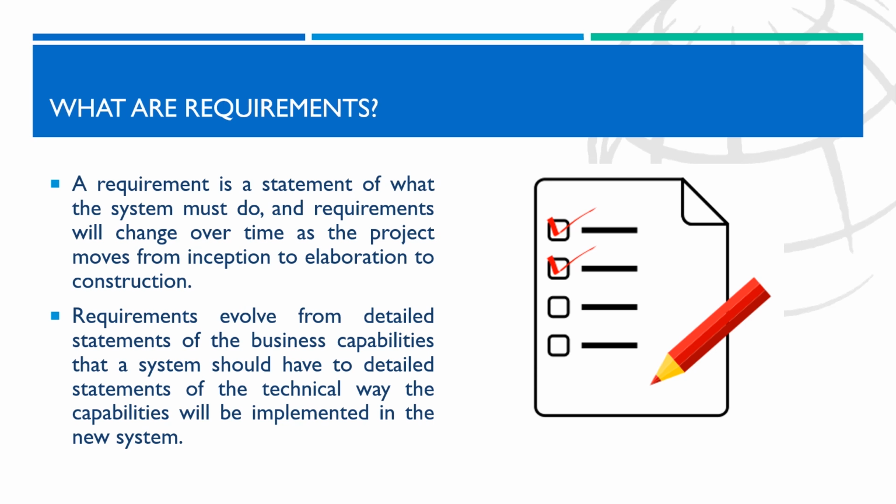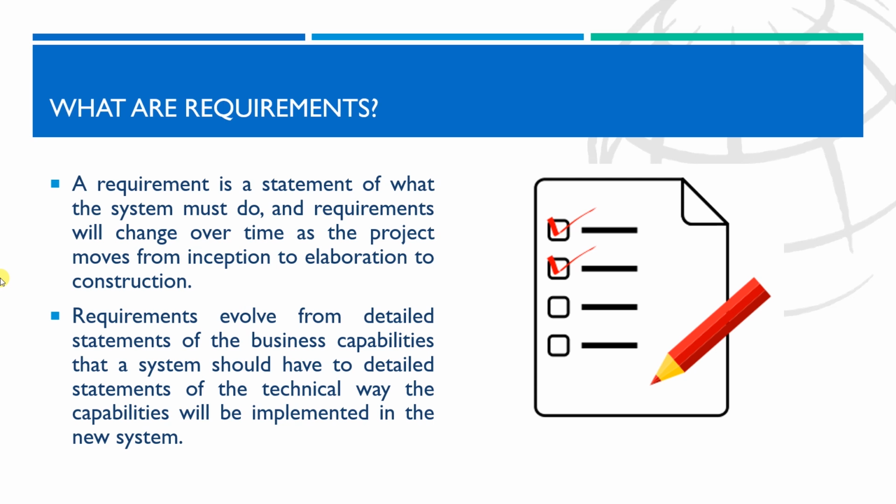Later in design, business requirements evolve to become more technical, and they describe how the system will be implemented. Requirements in design are written from the developer's perspective, and they are usually called system requirements.